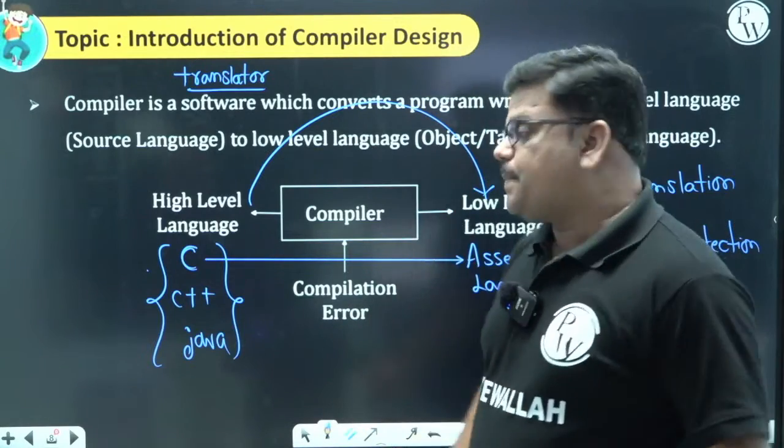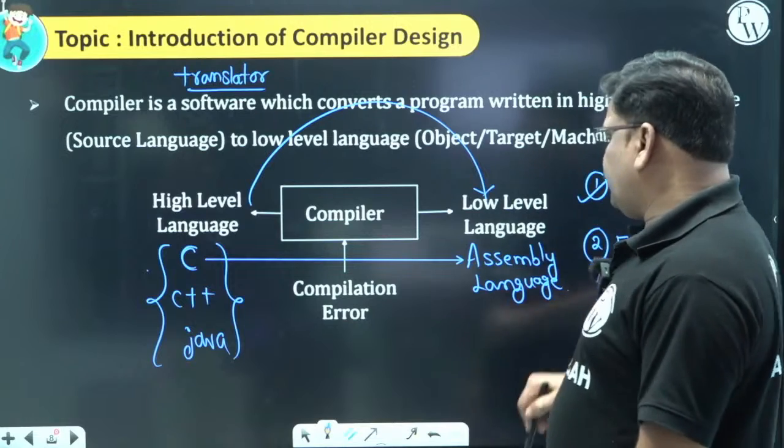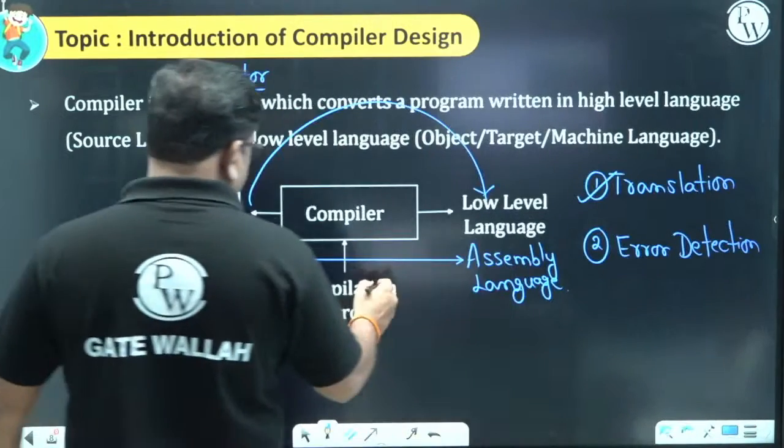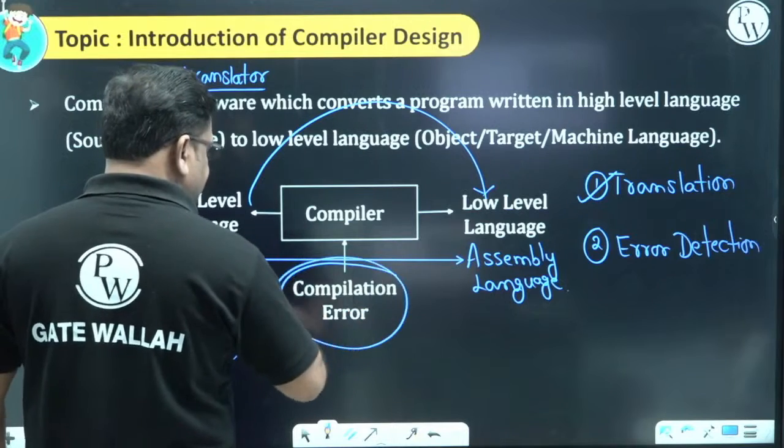This is one task. One more task is, before doing this translation, the compiler identifies errors present in the program.